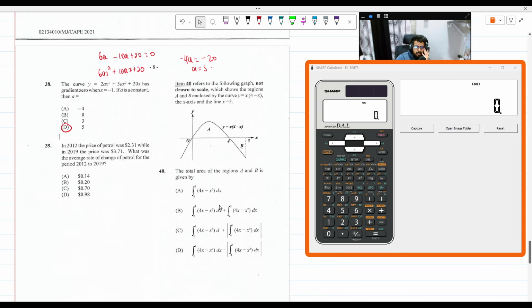In 2012, the price of petrol was $2.31, while in 2019, the price was $3.71. What is the average rate of change of petrol for the period 2012 to 2019?